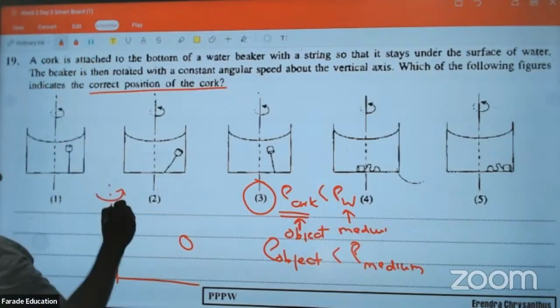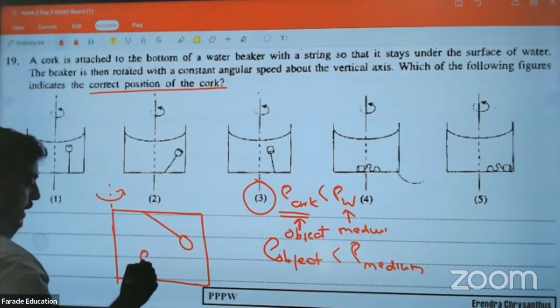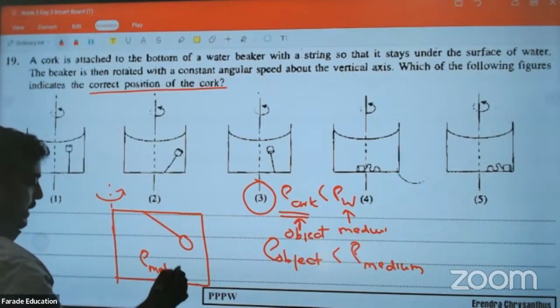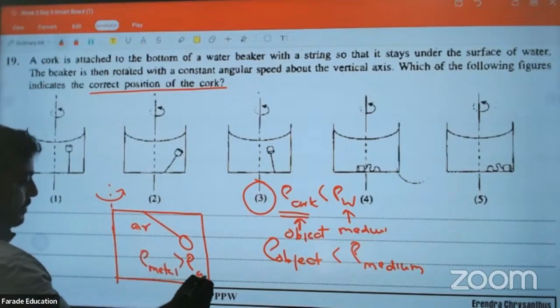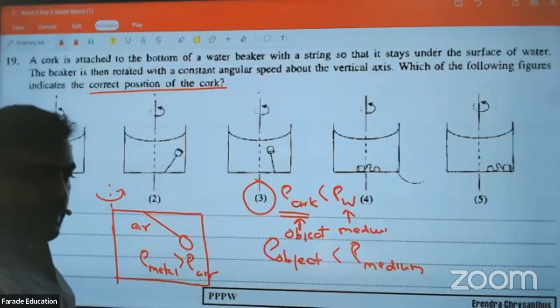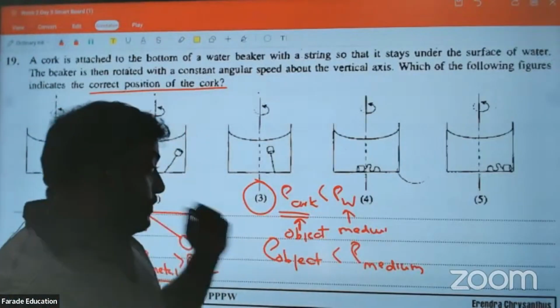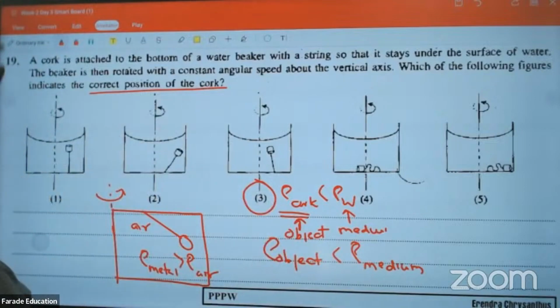Reason being, the density of metal is greater than the medium. The medium is air. So the pseudo force will act away from the center, opposite to the acceleration. This is in the direction of the acceleration. Okay, now? Right.